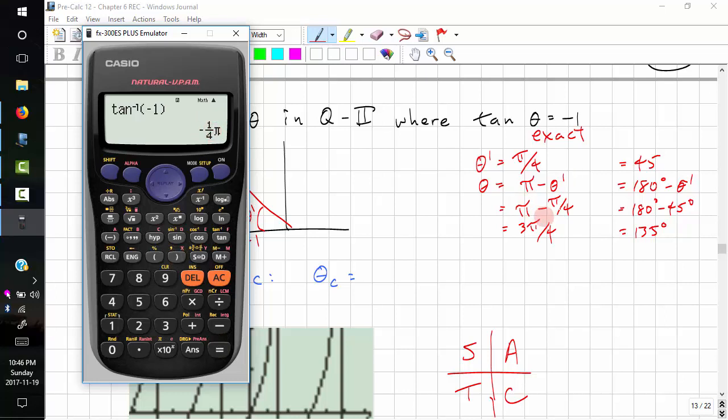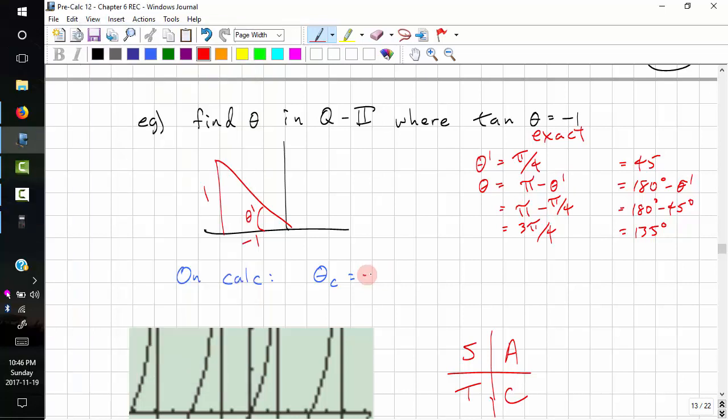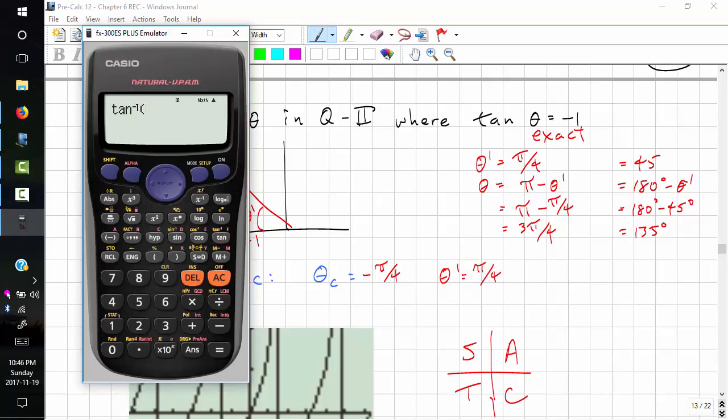We can't use the formulas. Our reference angle is pi over 4. We want to use inverse tangent of 1, and we get pi over 4. And then we can go ahead through our calculations.